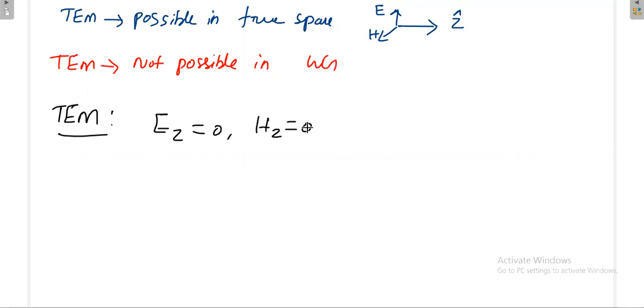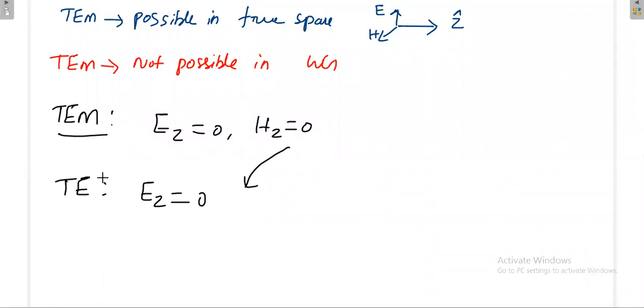Then you go back to your equations for transverse electric or transverse magnetic. You have two sets of equations. In any one of the sets, you put both Ez and Hz as 0. Generally only one of them will be 0. For TEM, Ez is 0 and Hz is 0. For TE, Ez is 0. But again, you are forcibly trying to make TE into TEM.